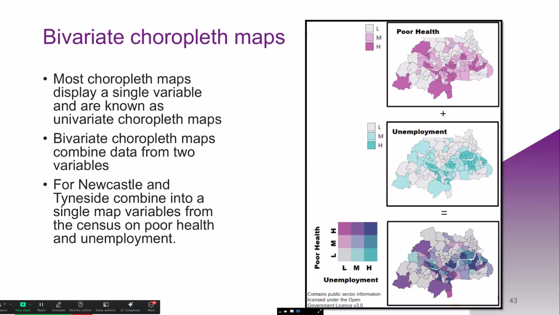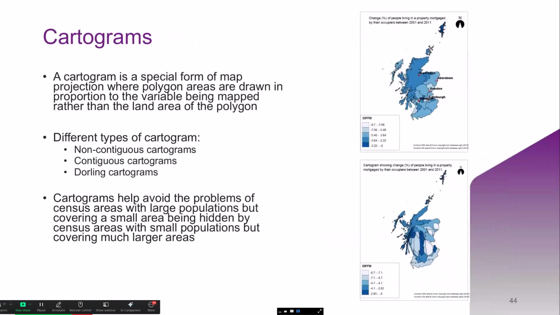I'm just going to talk about cartograms first, but at the end of the session, I'm going to show you how you can create a bivariate choropleth map in QGIS. A cartogram is a different sort of geographic visualization altogether. Instead of a choropleth map, where we retain the shape of the census boundaries and simply shade the polygon a different color based on the census variable, in a cartogram we actually change the shape and size of the census boundary based on that underlying census variable.